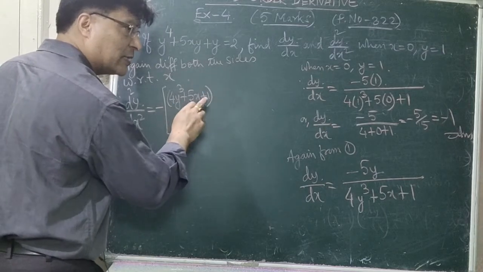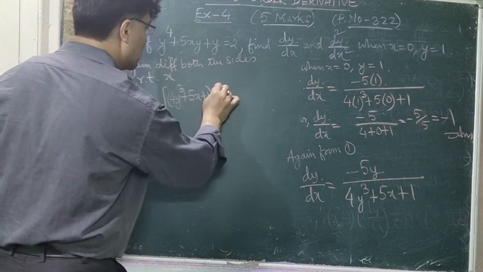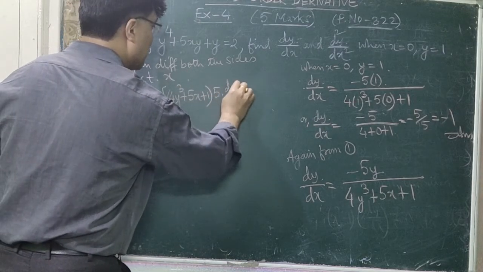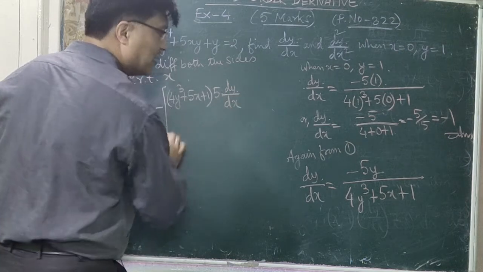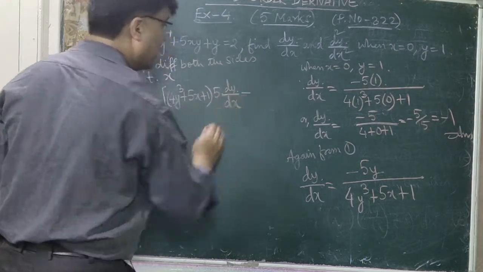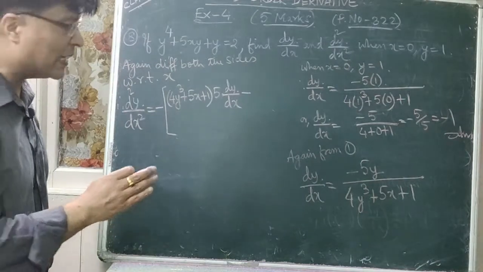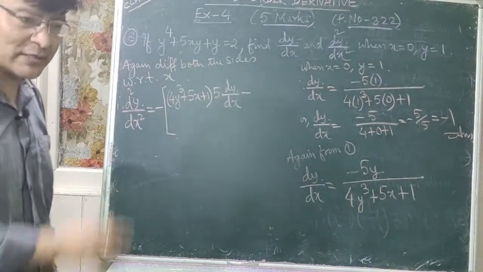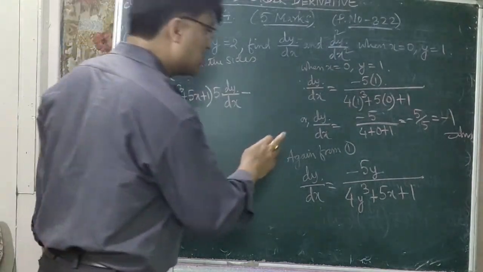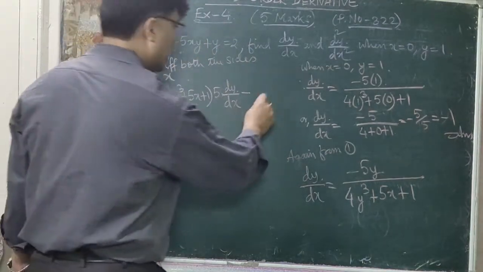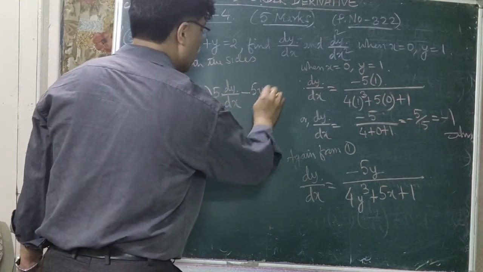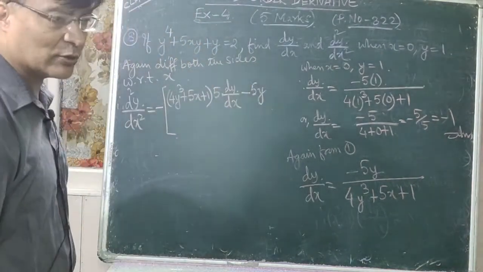Take the differentiation of 5y with respect to x. So it is 5 into dy by dx. Is that clear? Then put the minus sign, because in the u by v rule you have to use the minus sign. Now which function is taken as it is? 5y. Is that clear to all of you?